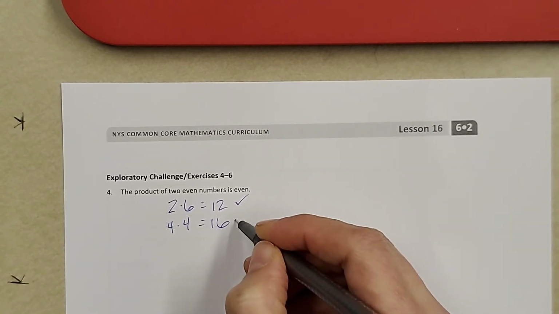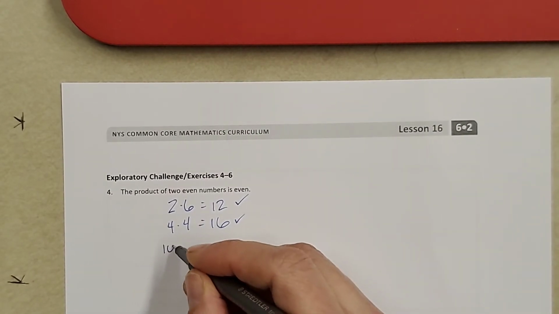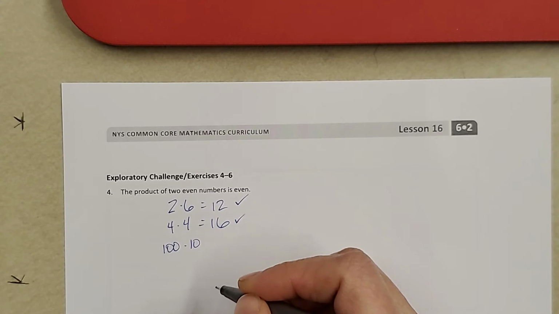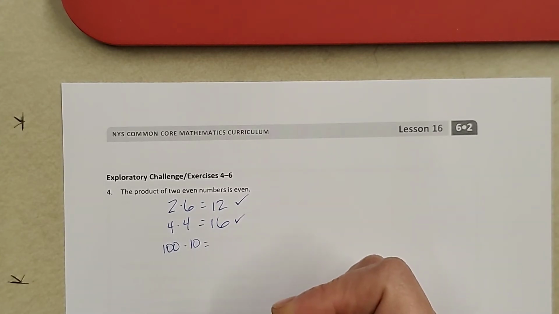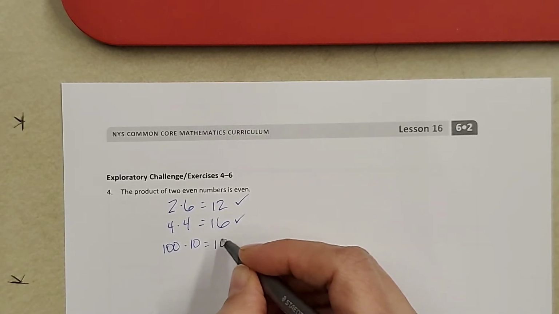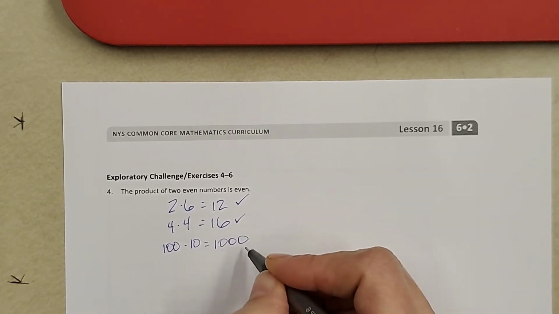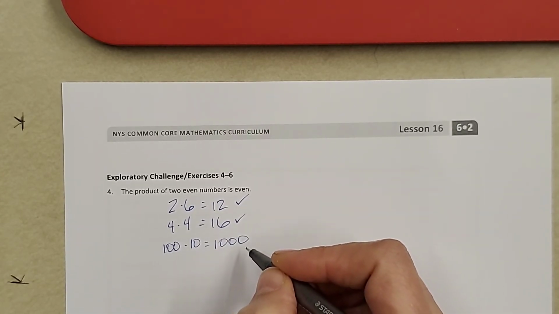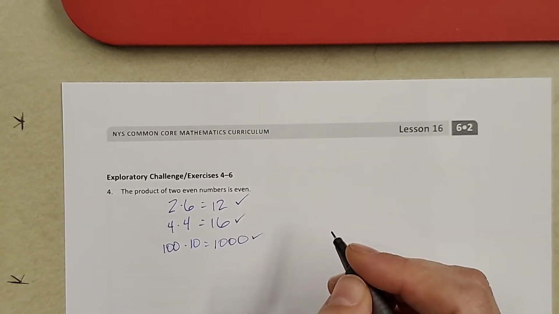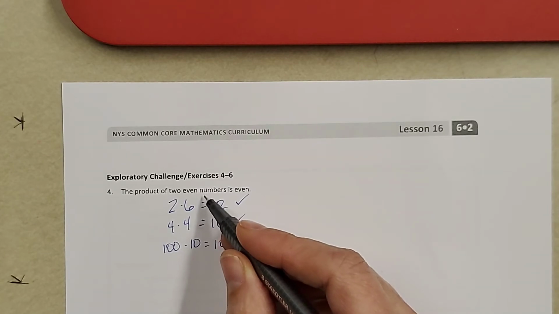Yes. 16 divided by 2 is 8. 100 times 10. Is 1,000 divisible by 2? Yes, 1,000 divided by 2 is 500. That seems to be correct.